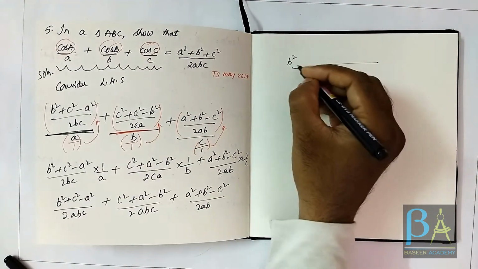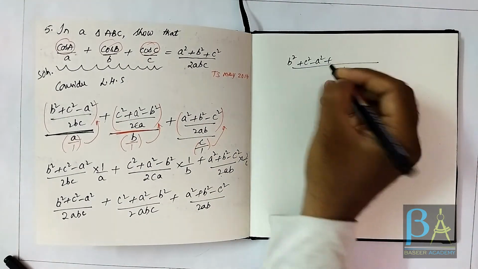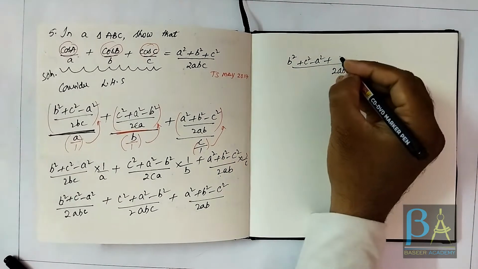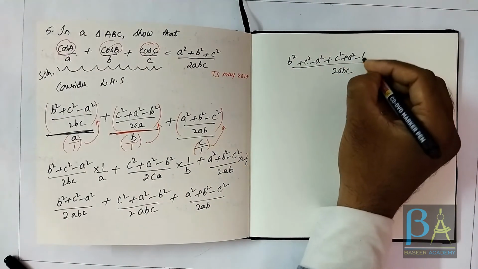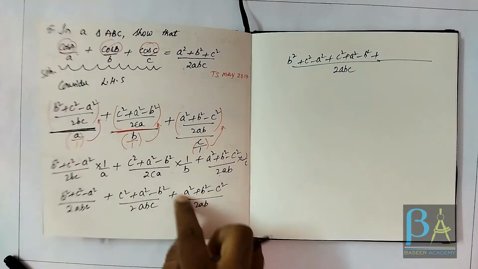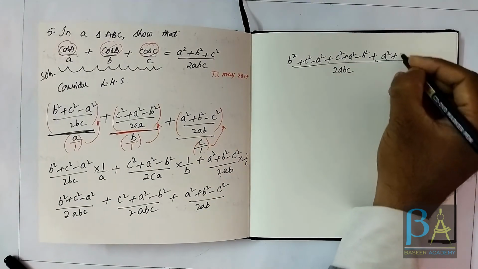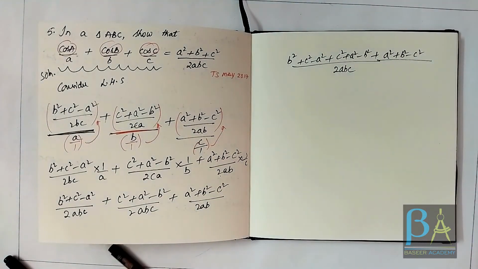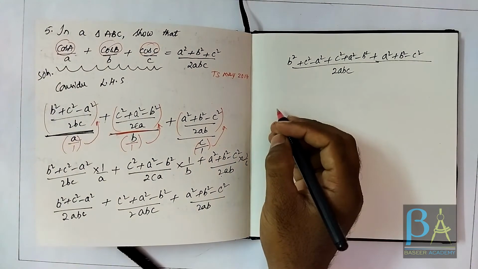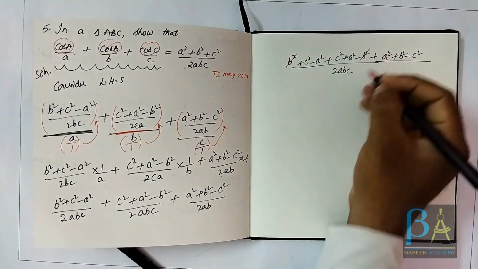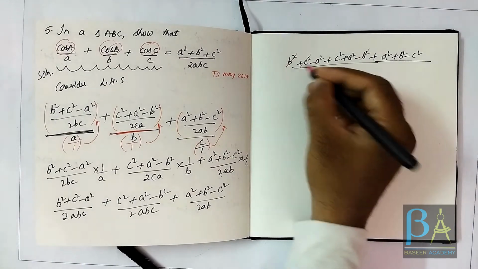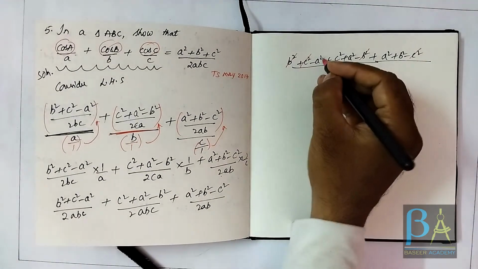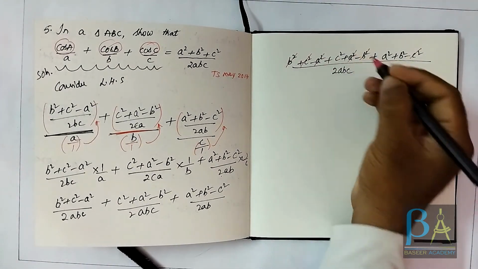Let us now add up the numerators. What are the numerators that you see here? b square plus c square minus a square plus c square plus a square minus b square plus a square plus b square minus c square. Is there something that I can cancel here? I believe I can cancel plus b square and minus b square. I can cancel plus c square and minus c square, plus a square and minus a square.